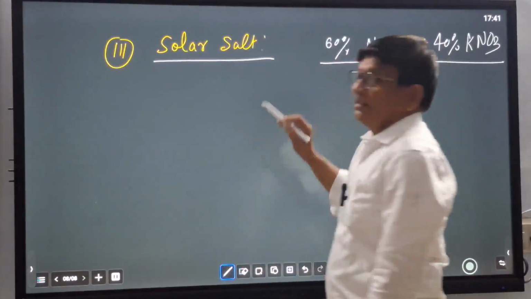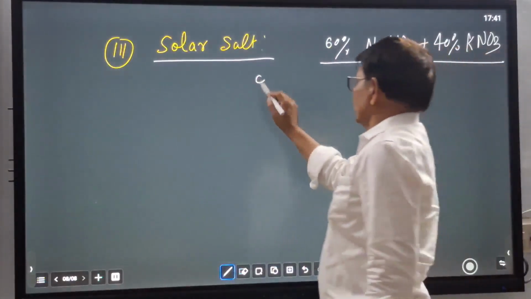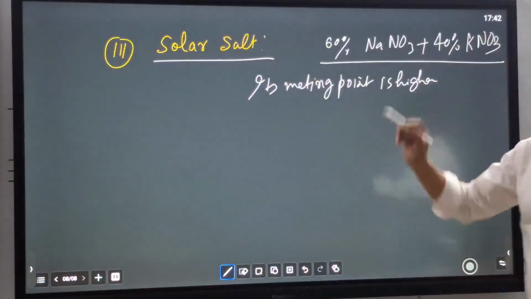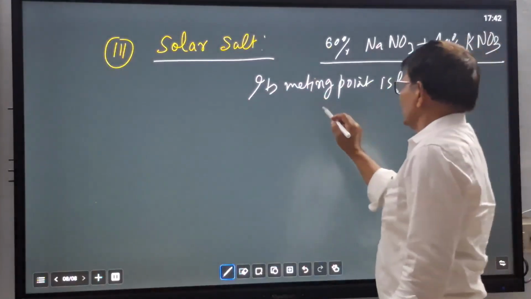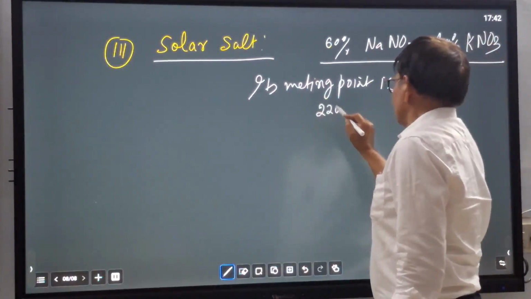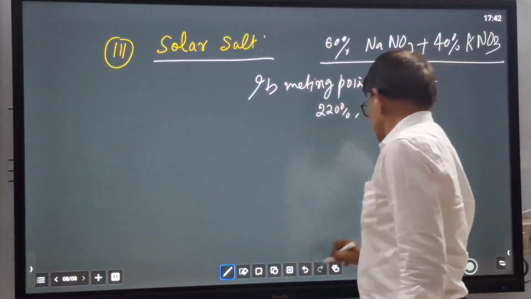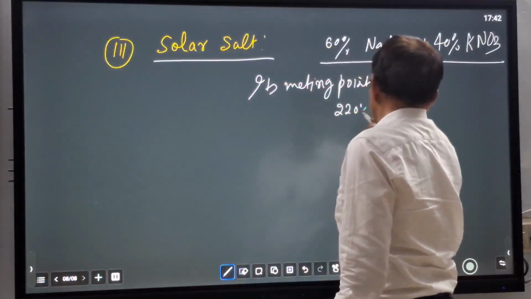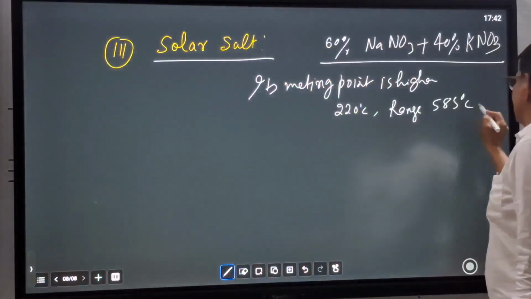This is a high temperature energy storage material. Its melting point is higher, about 220 degrees centigrade, and its range goes up to 585 degrees centigrade.